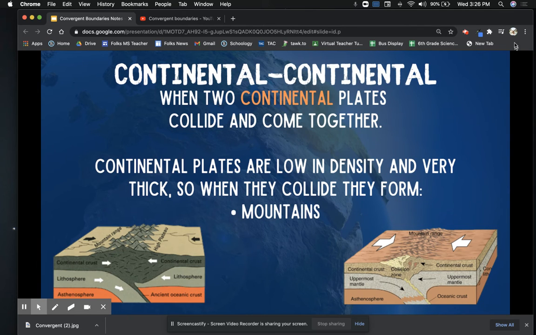First, we have continental and continental. So when two continental plates collide and come together, that is a continental-continental convergent boundary. These continental plates are low in density and very thick. So when they collide together, they form those mountains, which is what we saw at the end of the video with the two graham crackers.